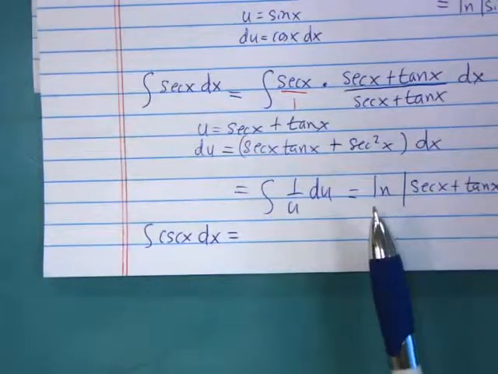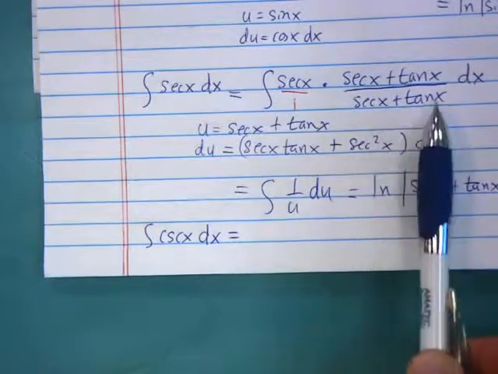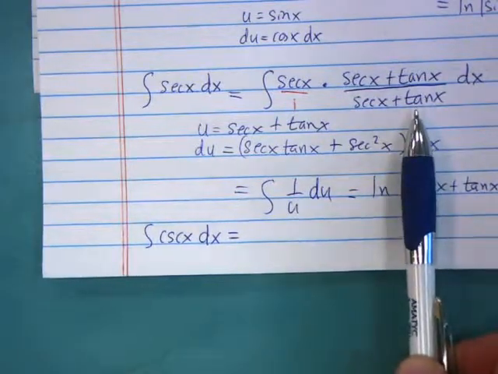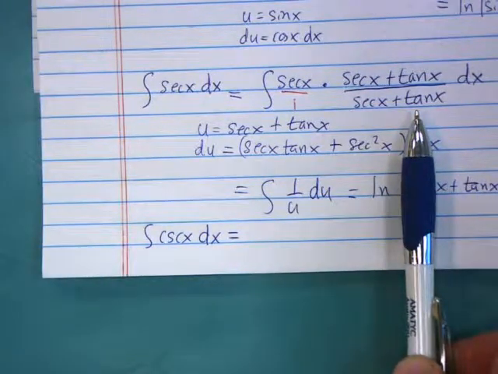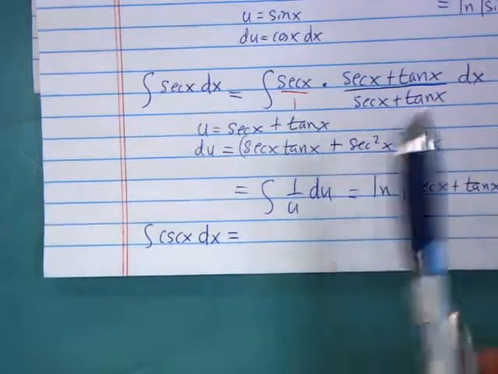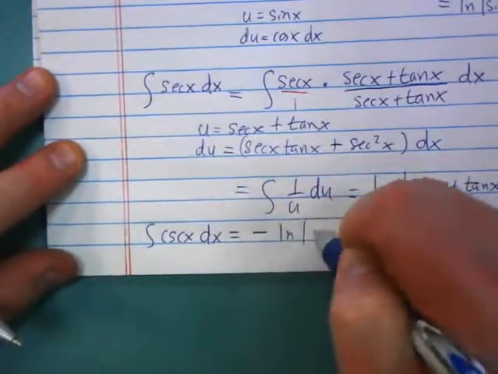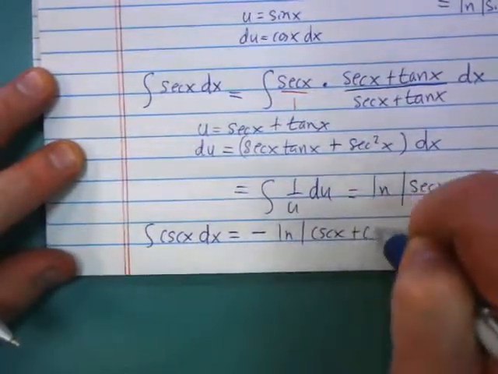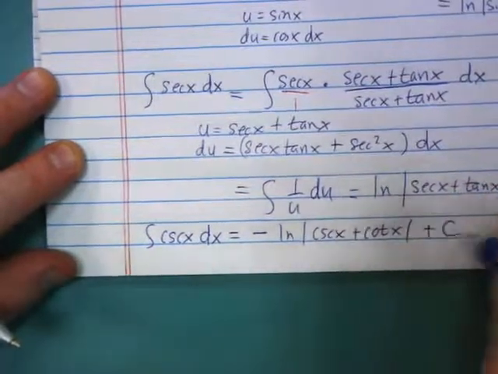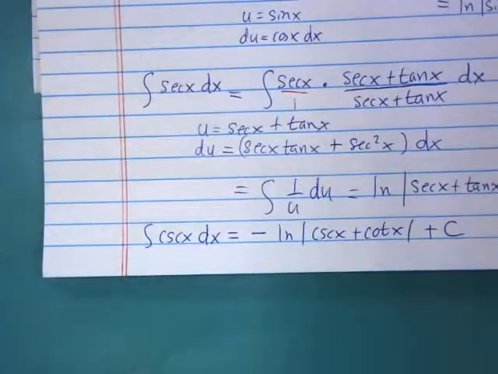The only difference is when I let u be cosecant plus cotangent, when I take the derivative, I get negative signs. The derivative of cosecant is negative cosecant cotangent. So when you do the u substitution, you get a minus. So you end up with minus ln cosecant plus cotangent. That's the only difference. I'm not going to work all through that. You can do that sometime if you're bored. Show that I'm not lying to you and it really works.